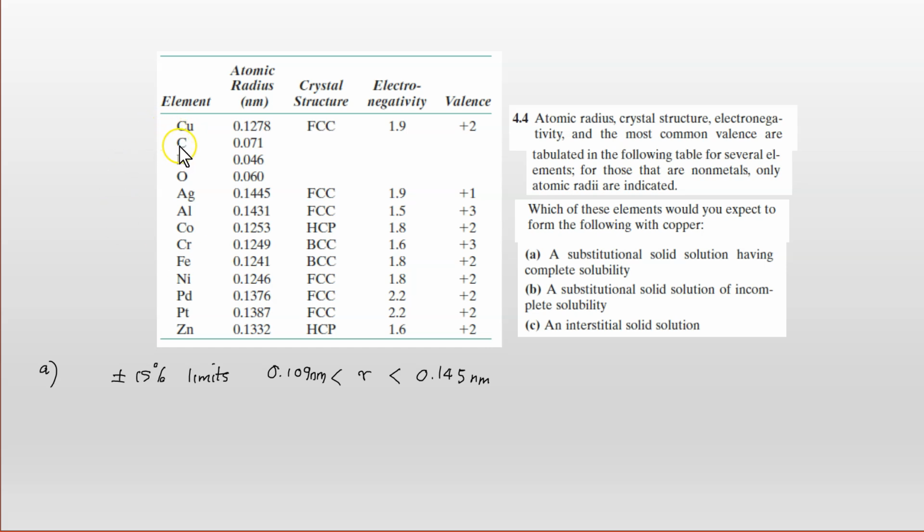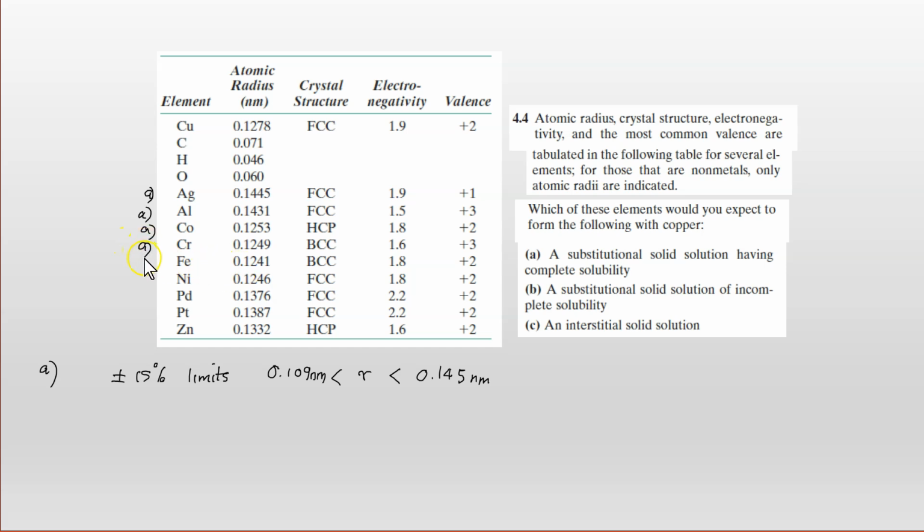So carbon is too small, hydrogen is too small for that, so is oxygen. Silver is good, just about. So I'll just put an A there. Aluminum, in range. Cobalt, in range. Chromium is in range, yes.